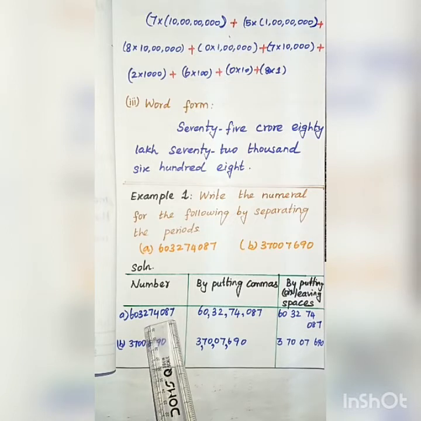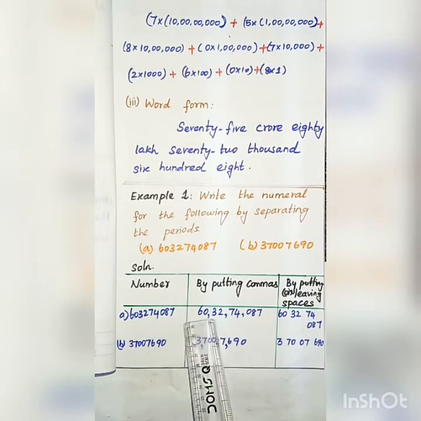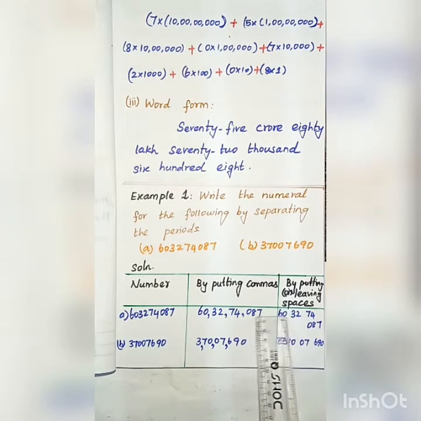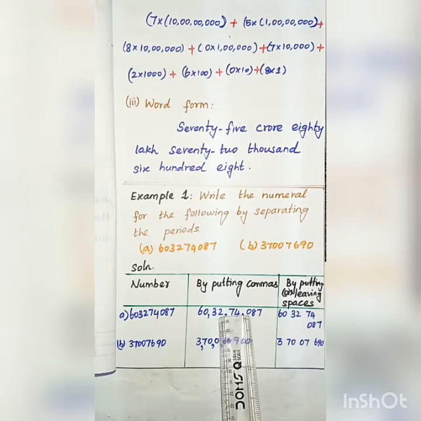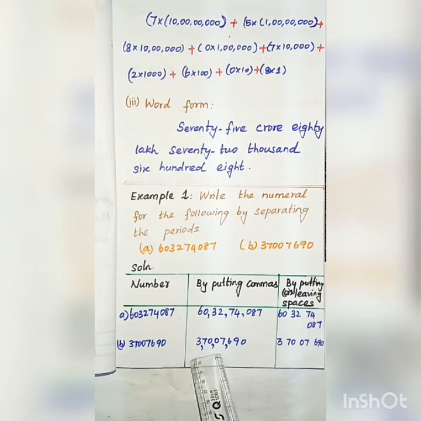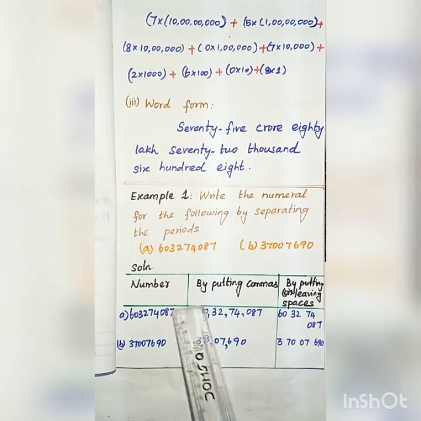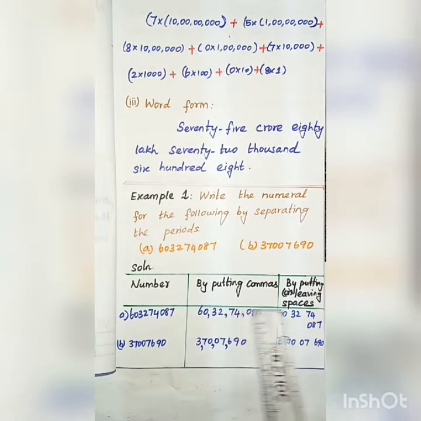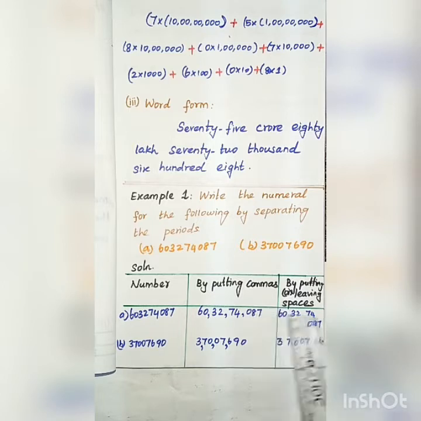First, write the given number, then you have to put the commas from the right side: 3 digits, 2 digits, 2 digits and the remaining digits. Here you have 3 digits, 2 digits, 2 digits and the remaining digit is 1 digit. So in this way you leave the spaces between the periods of the given number.